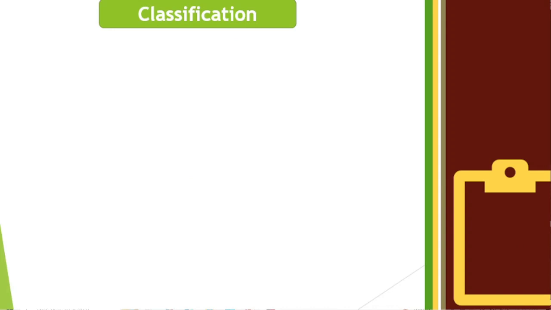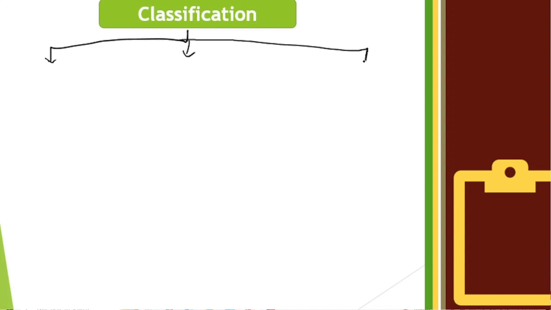Now let's move on to the classification. How do you classify? Classification is very important. Listen carefully. I am going to classify the haloalkanes and haloarenes into three different categories.